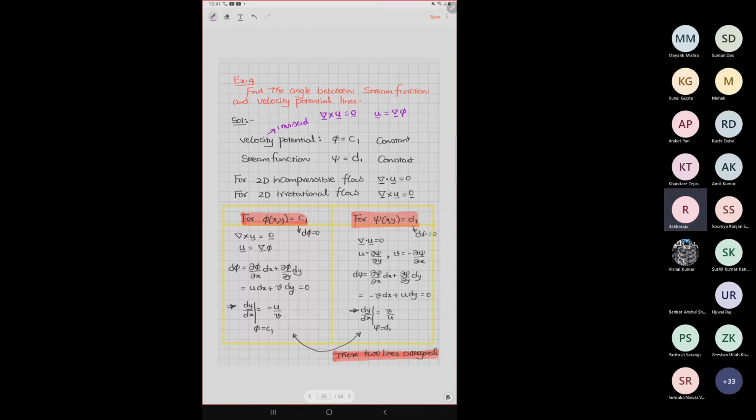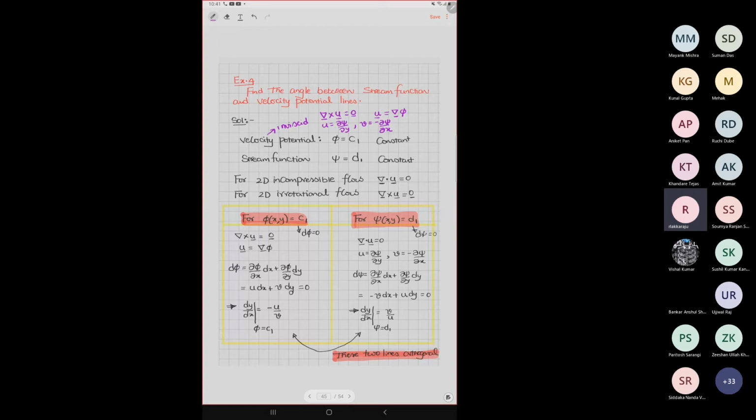And for the stream function, for incompressible systems, the velocity component u is del psi by del y, and v is equal to minus del psi by del x. This is also part of, in some sense, kinematics.